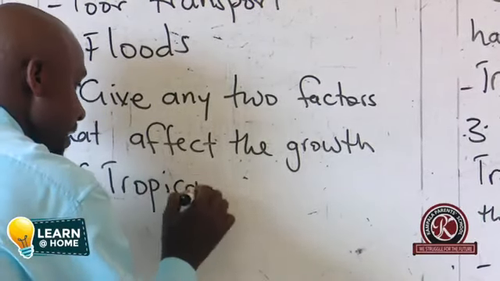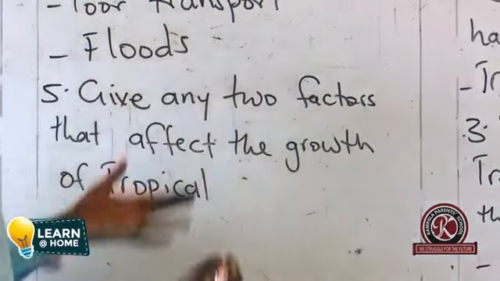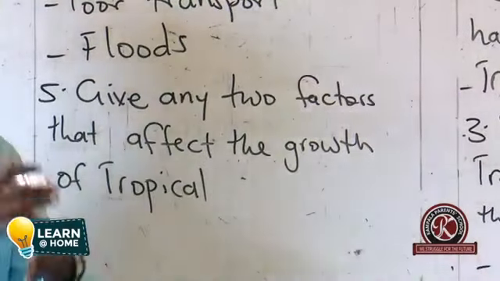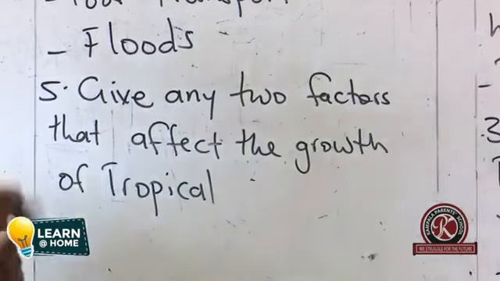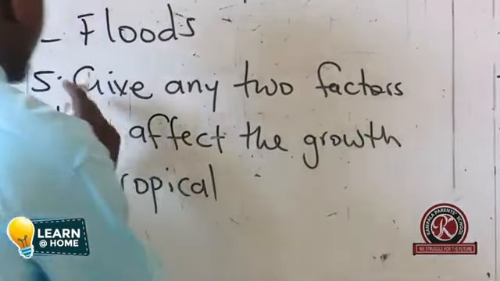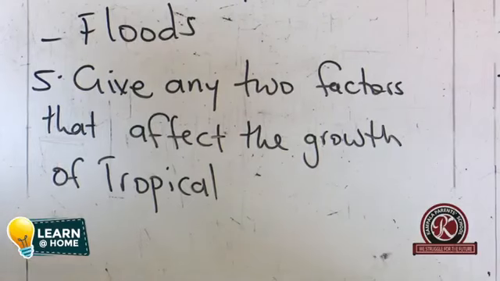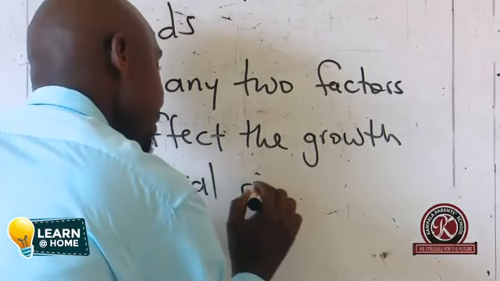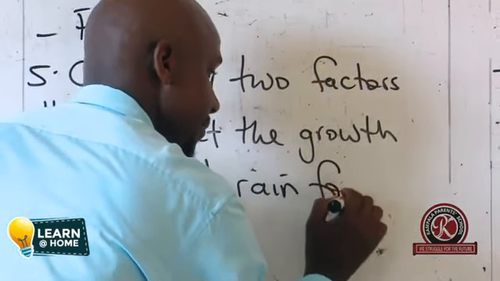I keep varying these words to make you understand that tropical rainforests are the same as equatorial rainforests, the same as equatorial vegetation. So, give any 2 factors that affect the growth of tropical rainforests.